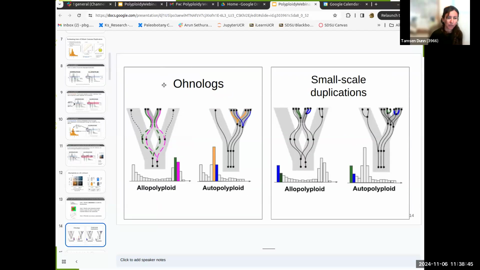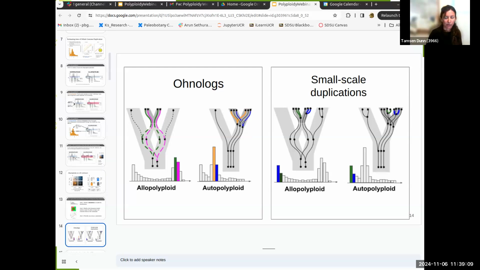So I modeled the orthologs and the small scale duplication, so the black paint and the red paint basically. And these topologies, you can essentially model using the same framework. All you need to do is put a divergence time in and then allow some distribution model for the orthologs.